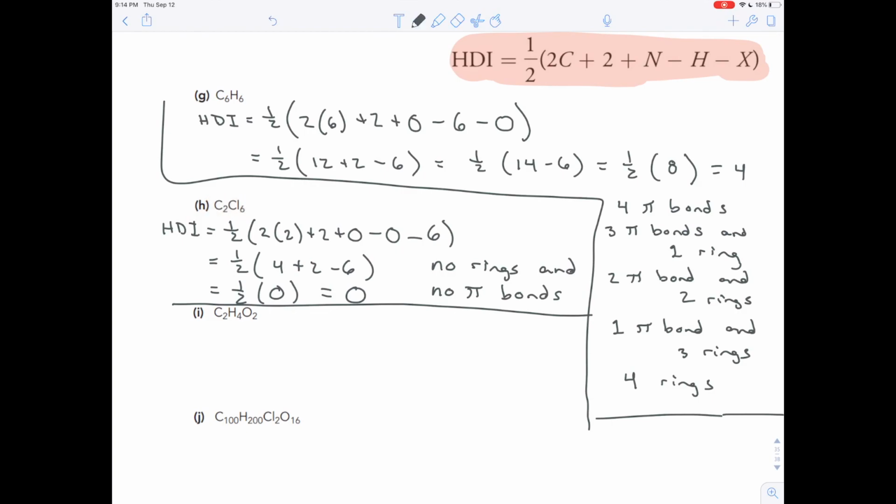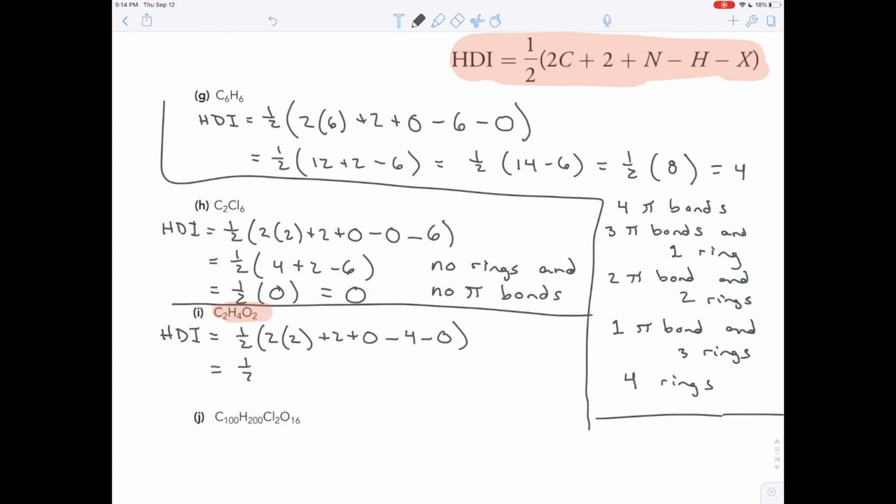Okay, moving on to I. The hydrogen deficiency index for this one is 1/2 times 2 times, we have 2 carbons here, plus 2, plus the number of nitrogens, we don't have any, minus the number of hydrogens, we've got 4, minus the number of halogens, fluorine, chlorine, bromine, or iodine, there are no halogens there, so 0.